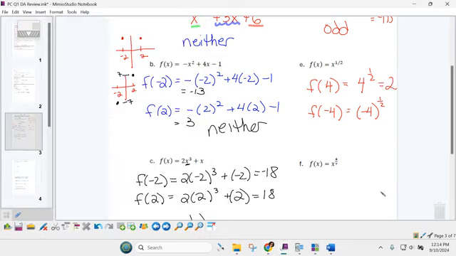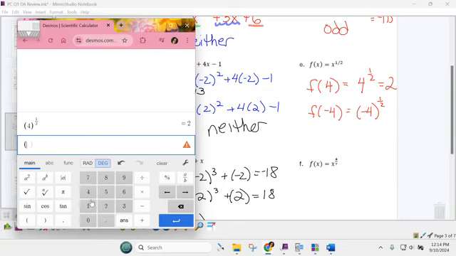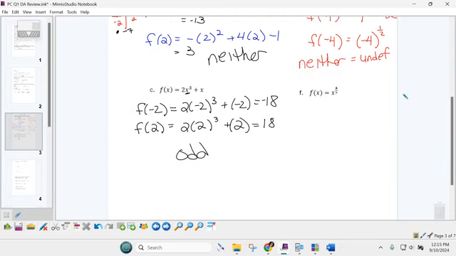Two. Undefined. That's because this power of 1/2 is the square root function. And square rooting a negative, that leaves us with an imaginary number. So 2 and undefined, that's nothing. They're not the same.